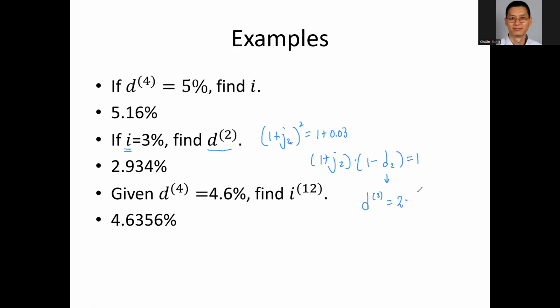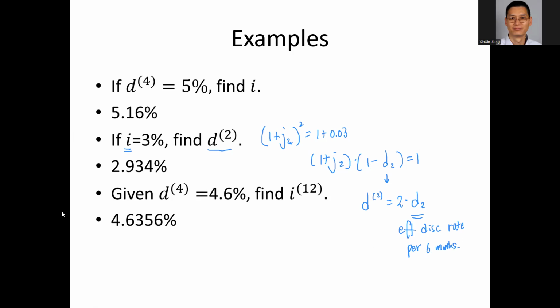So d sub 2 is the effective discount rate per half year, per 6 months.